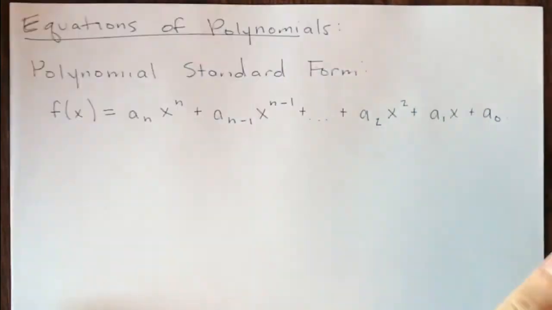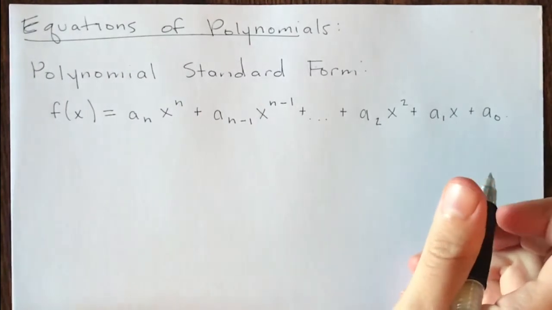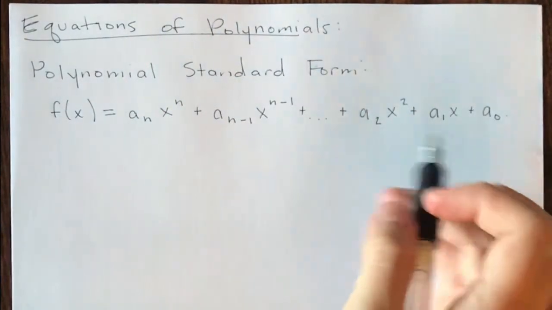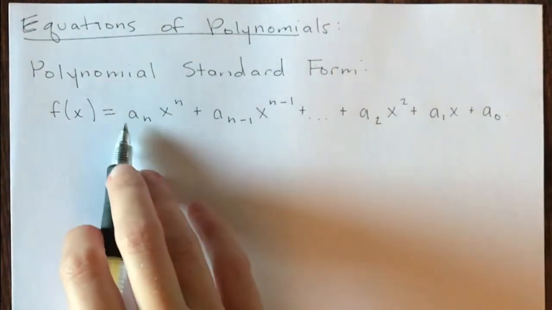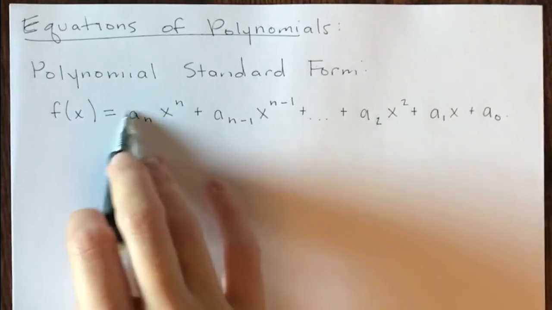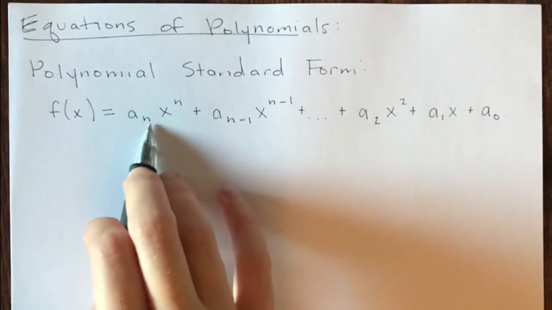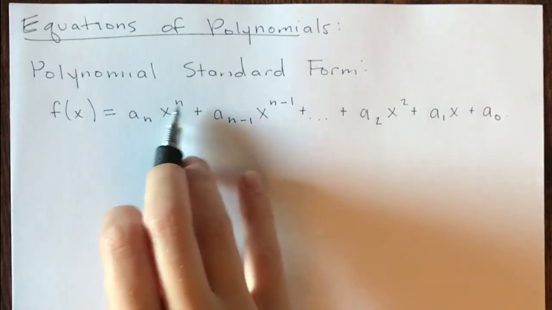Okay, so what in the world is going on here? All this is saying, this is the general form of a polynomial. Each term has this sort of general structure of some coefficient, a with some subscript, times x to the n.